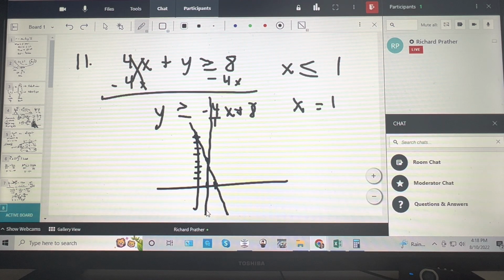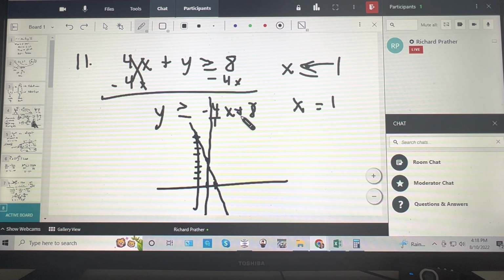Now, if you get a diagonal line or a horizontal line, then greater than you shade up, less than you shade down. You can't shade up or down on a vertical line. So that one's the one time you do left or right. And this is even pointing which way it wants you to go, to the left, less than to the left.